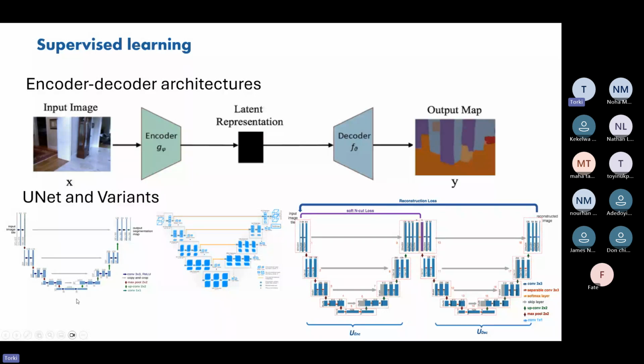Because it takes the shape of the letter U. So they are doing the encoder on multiple scales, and they are doing the decoder on multiple scales. This one is called the contractor pass, and this is called the expander pass. They have two passes, one coming here and the other one coming here.